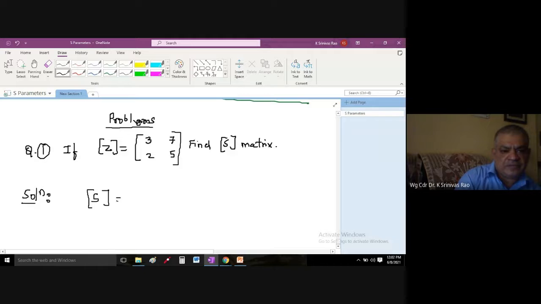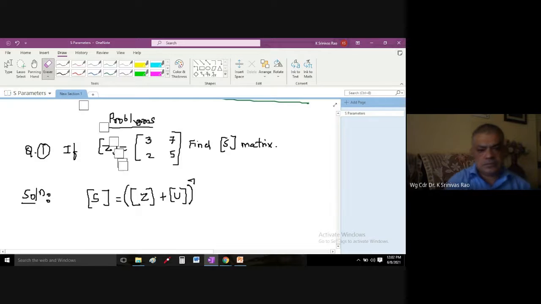Obtaining S parameters from Z parameters is done by using Z plus U, that is a unity matrix, then taking the inverse of this, then multiplying it by another factor, that is Z minus the unity matrix.